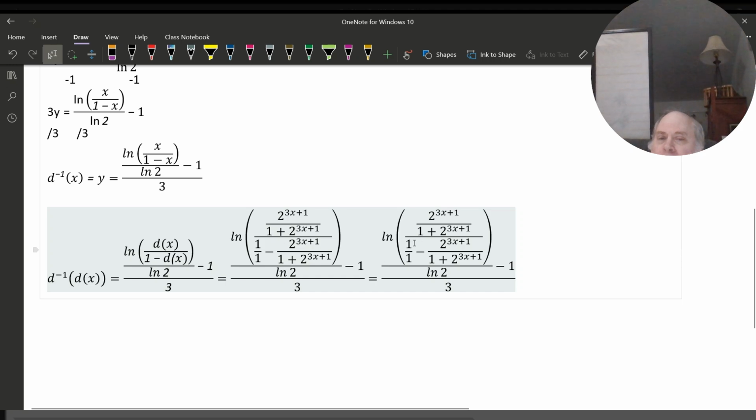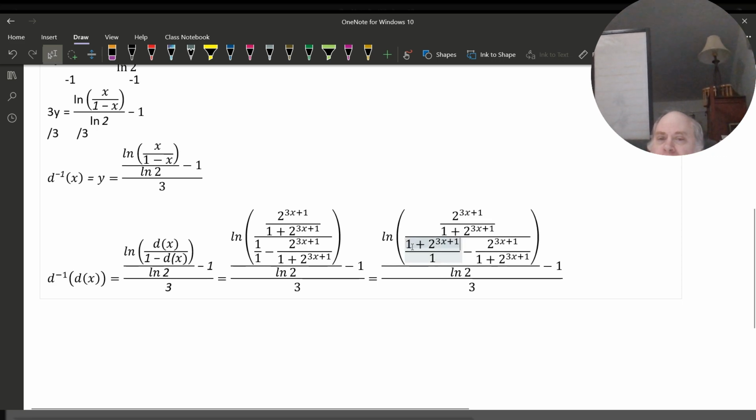So here's the common denominator, 1 plus 2 to the 3x plus 1, and we turn that into 1 plus 2 to the 3x plus 1 over 1 plus 2 to the 3x plus 1, because that's pretty much 1.